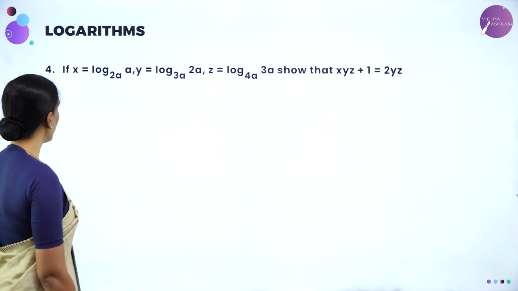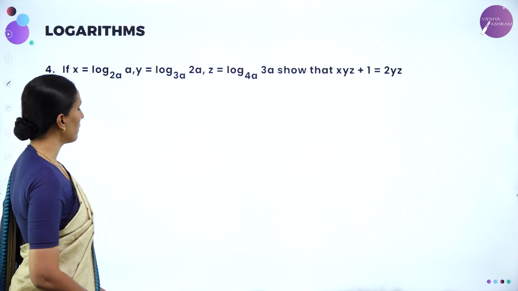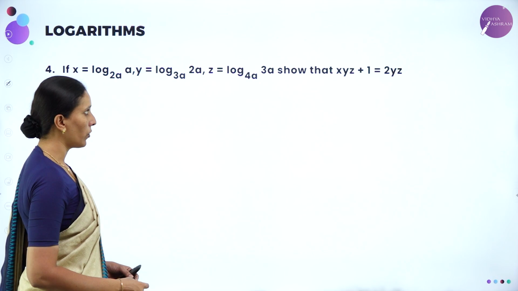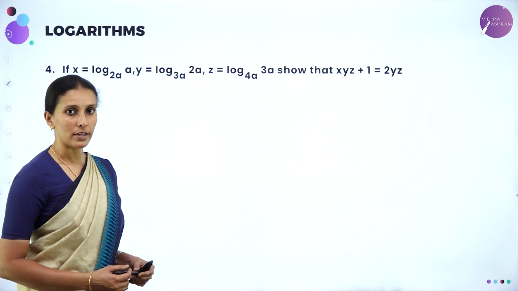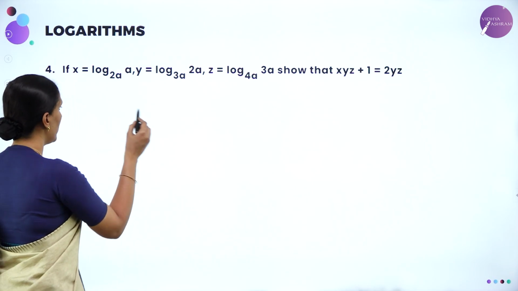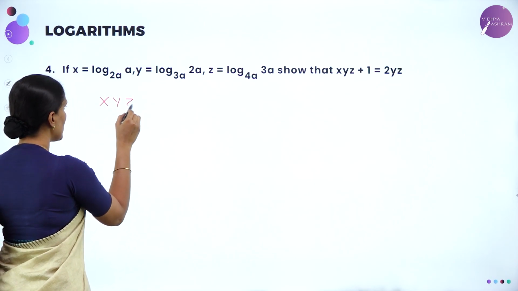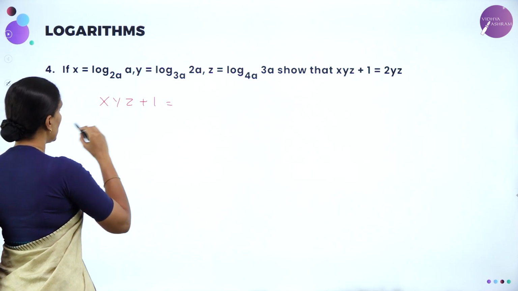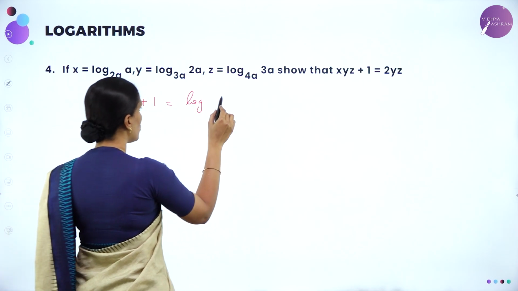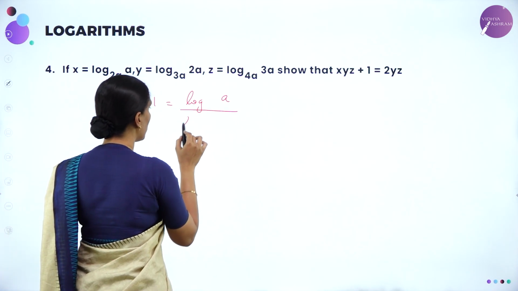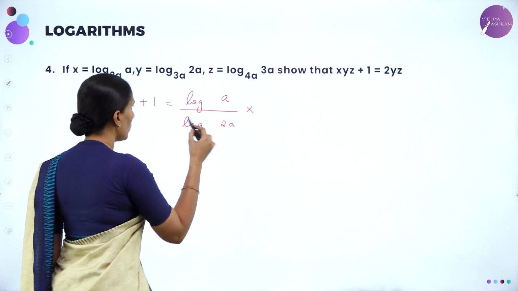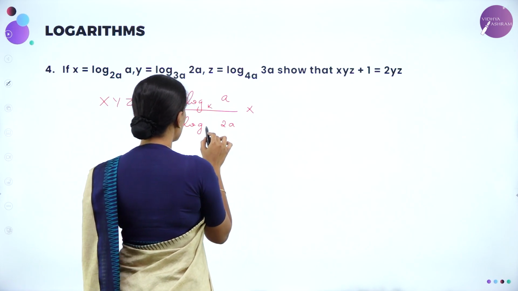Next question. If x is equal to log a to base 2a, y is equal to log 2a to base 3a, z is equal to log 3a to base 4a, show that xyz plus 1 is equal to 2yz. Now first let us take the left hand side of the equation, that is xyz plus 1. If I consider x here, that is log a to base 2a, using the change of base I'll write this as log a to log 2a with some common base, I'll consider it as k.